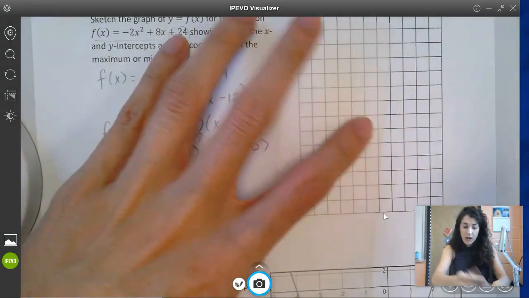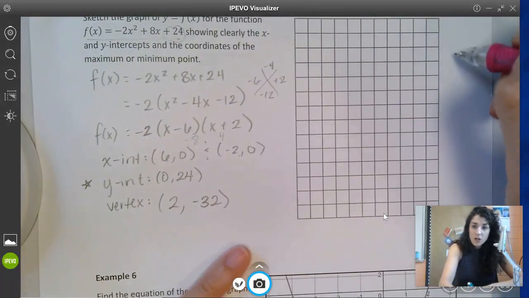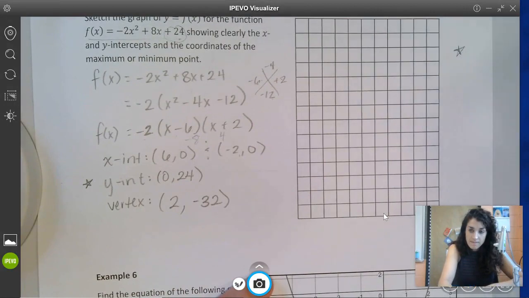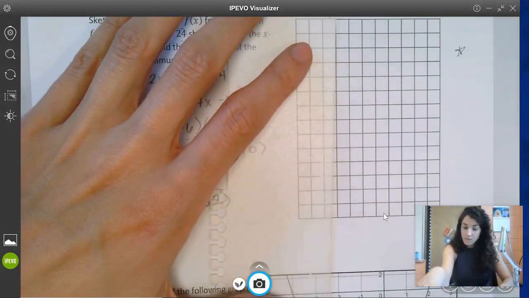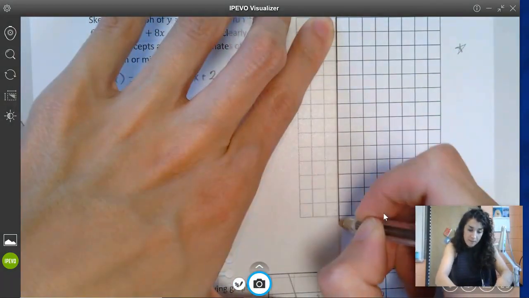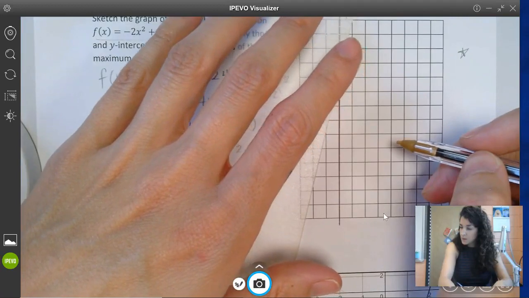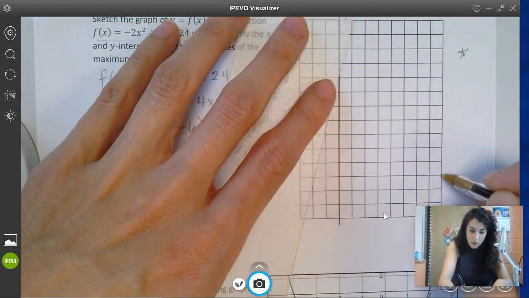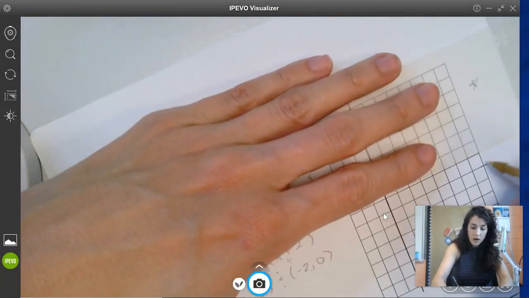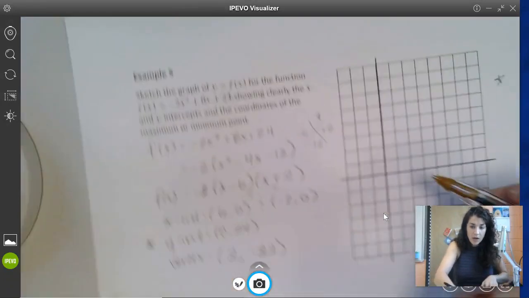We want to sketch the graph. So remember that with sketching the graph, we need to do which of the following with our graphs. When we are sketching a graph, we are making sure that we label our axes, right?